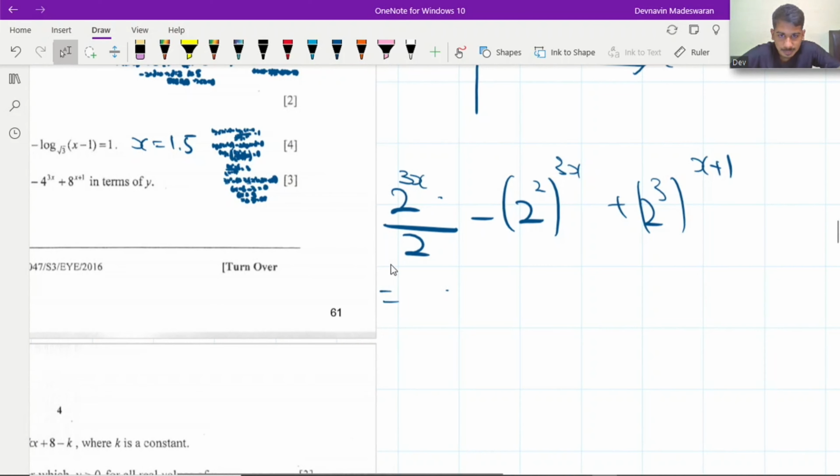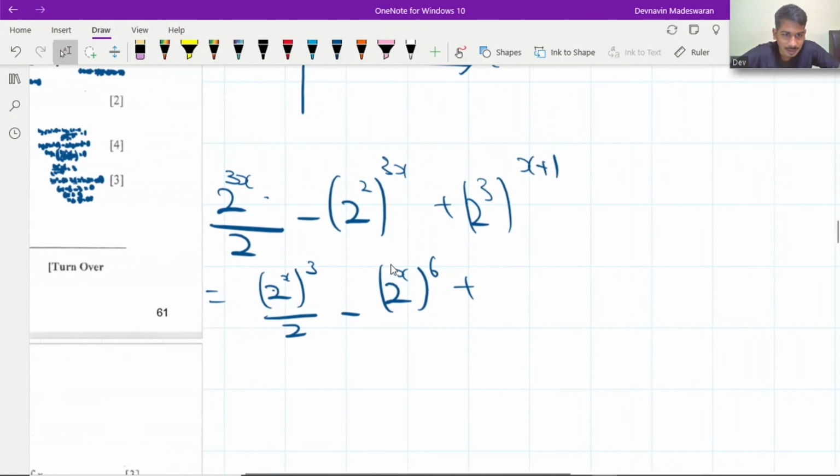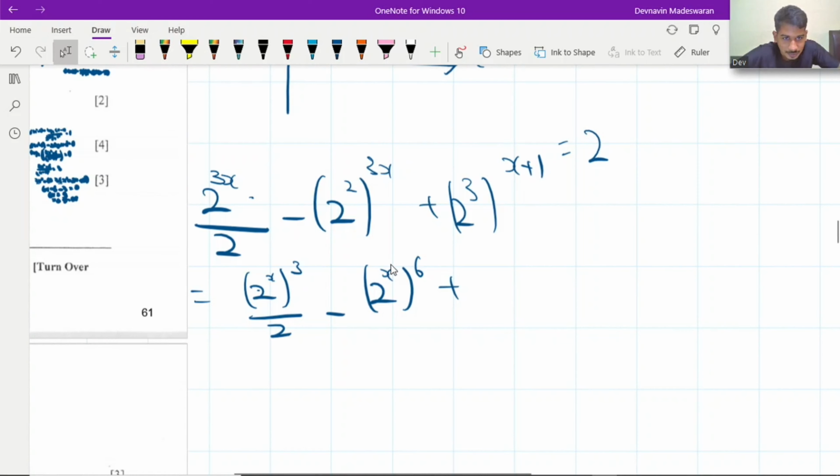And then this is the same thing as 2 to the power of x to the power of 3 over 2, minus 2 to the power of 6x. So there I can just put 2 to the power of x then to the power of 6, plus this again, 2 to the power of 3x plus 3, which is the same thing as 2 to the power of 3x over 2 to the power of 3.